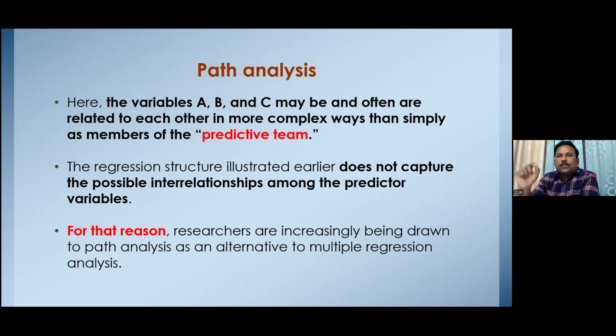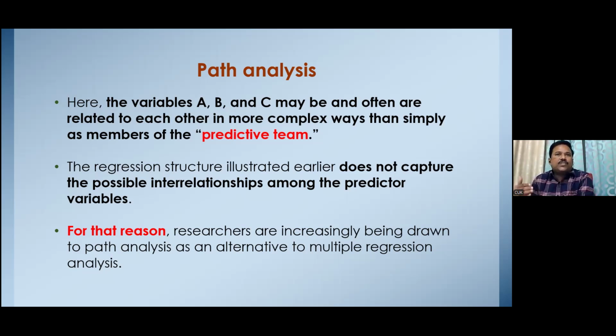So in multiple linear regression, you cannot see whether these variables have interrelationships. For this particular reason, we as researchers are increasingly being drawn to path analysis as an alternative to multiple linear regression, because that's the limitation: it cannot see any possible interrelationship among the predictor variables while predicting the dependent variable.